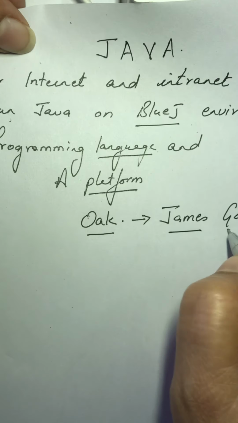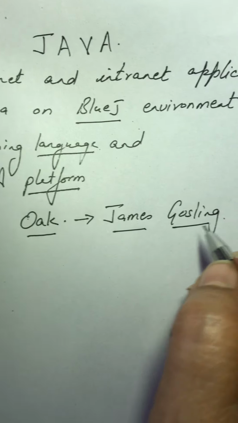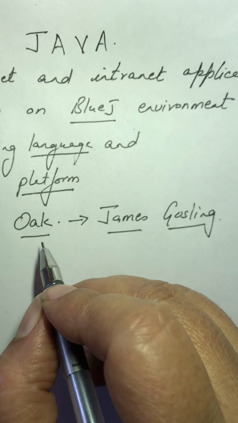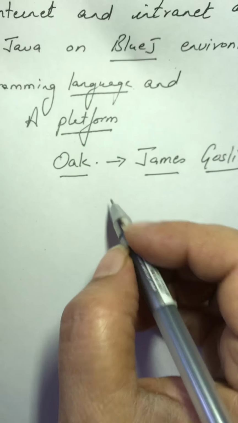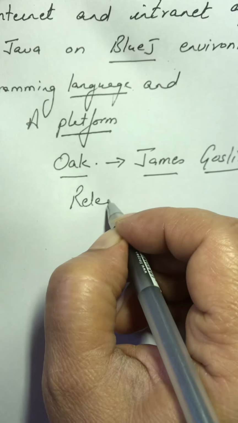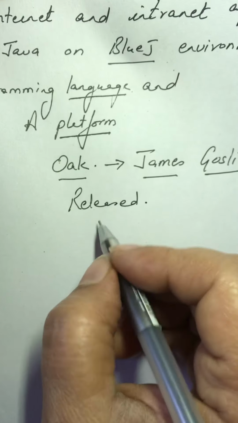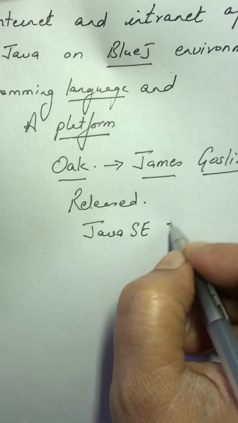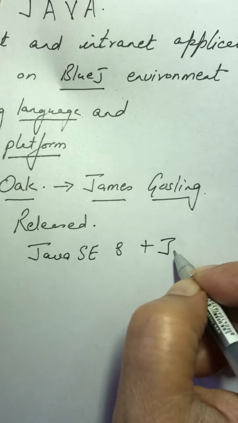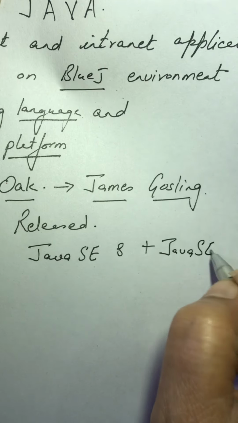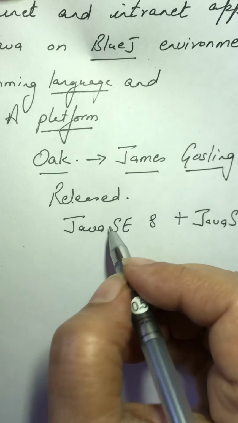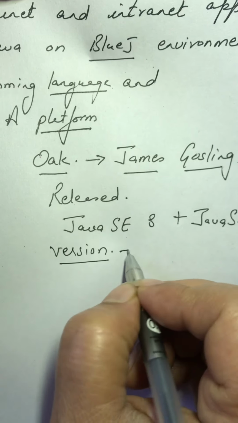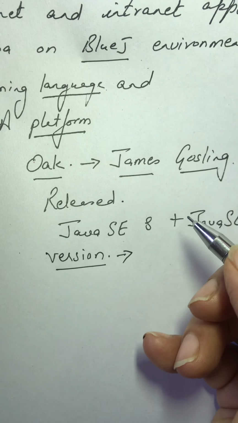Only this information you need to understand, that it was developed by James Gosling and originally known as Oak. And which is the latest released version of Java? That is Java SE 8 and Java SE 9. Version means every new edition, updation.